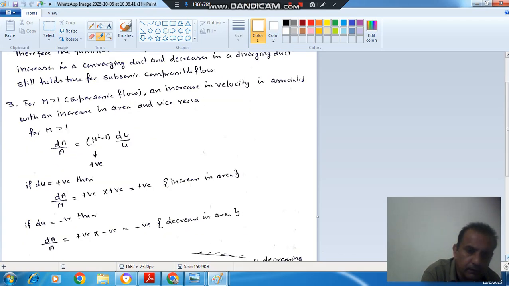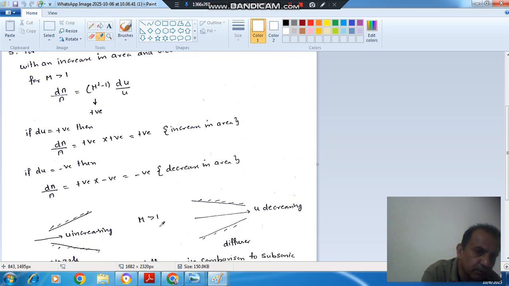So if the flow is supersonic and we want to increase the velocity, then an increase in area is required, the reverse of the previous case. Now if du is negative, then this is always positive, so dA by A is negative. So it means a decrease in area is required. So the duct in which velocity is increasing is called a nozzle. For the supersonic case, the area increases for the nozzle, and the duct which is used to decrease the velocity is called a diffuser, and area decreases in supersonic diffuser.